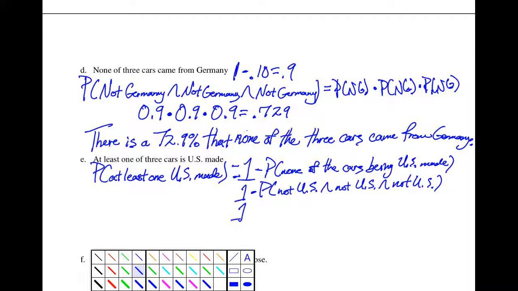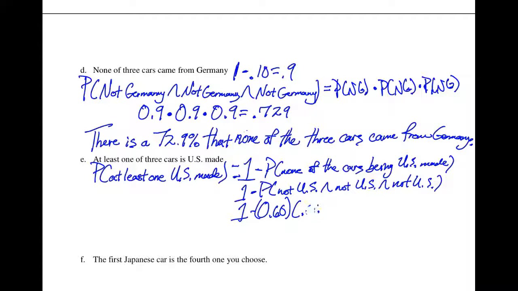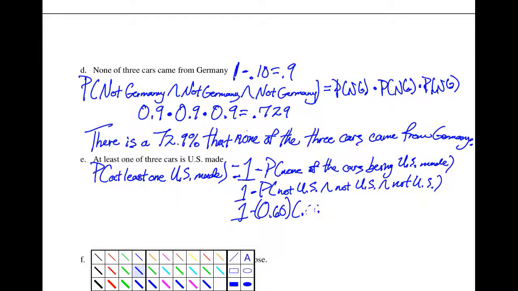So it would be 1 minus 0.6 times 0.6 times 0.6, which would be 1 minus 0.216, which equals 0.784.